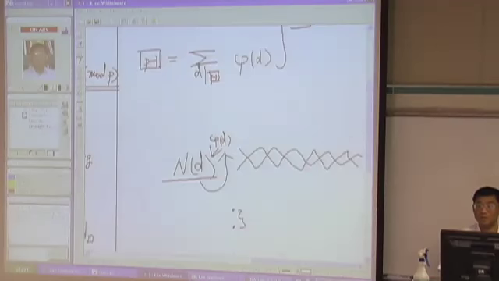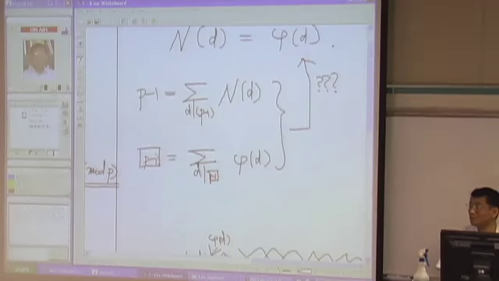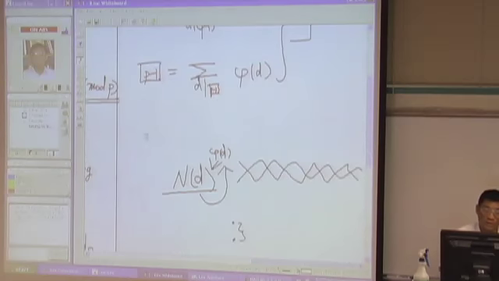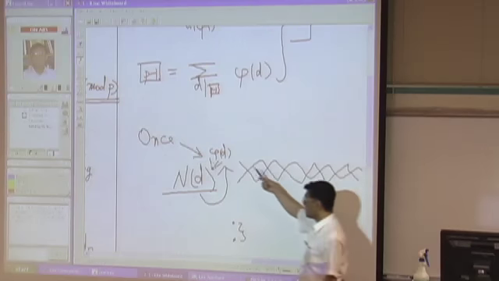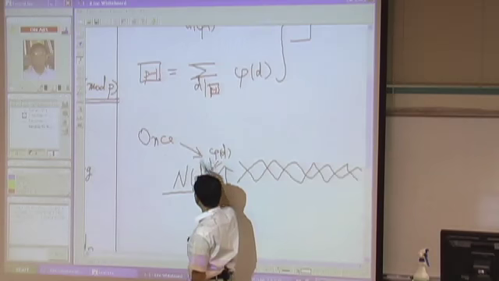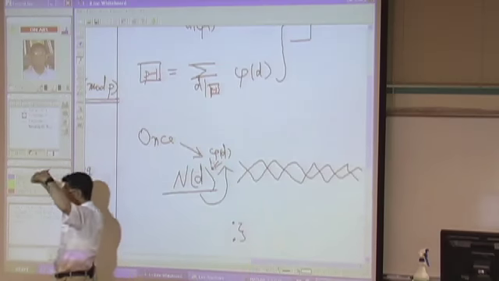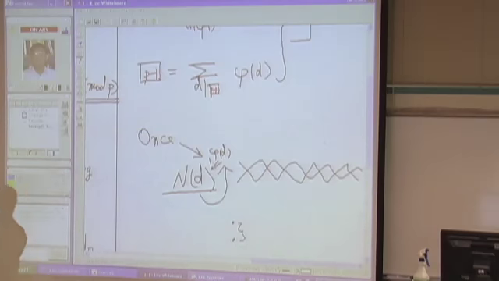But the sum is still the same. Is it possible? No. So once we prove that this happens for all d, then we are done. Why? Because the sum is equal. In the end, the sum is equal, but n of d doesn't exceed phi of d. Then that means what?